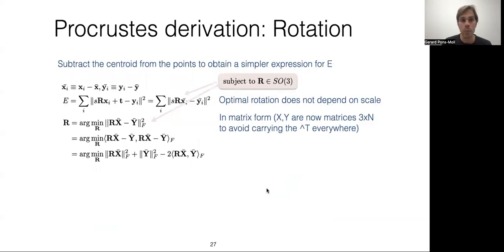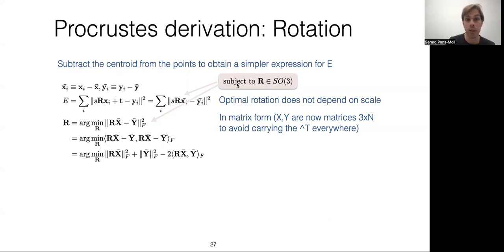Okay, so how do we compute the rotation? This is a little bit more involved, but this optimization problem is quite interesting. We have this energy, which is a scalar, with this summation, this sum of squares.